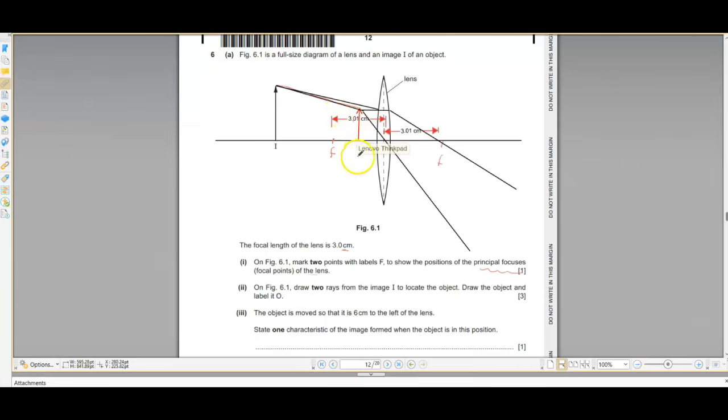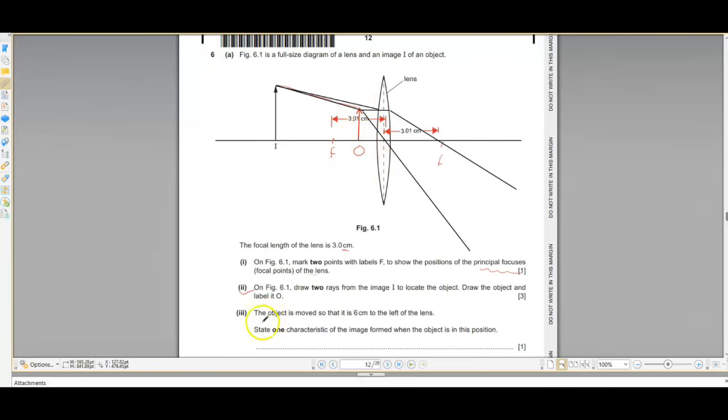So just do it as well. But I think it's always better to draw the object over here and then extend these lines to see where the image goes. Okay. So we've completed the second step as well. We've drawn two rays from the image to locate the object, and we've drawn the object and labeled it O.